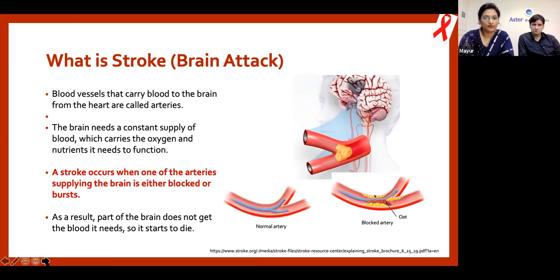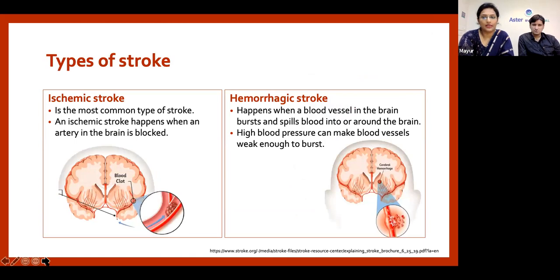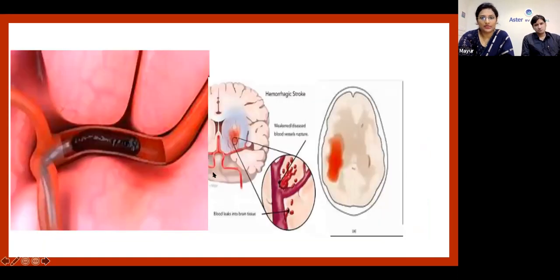Now, the types of stroke. There are two common types of stroke: ischemic stroke and hemorrhagic stroke. When we say ischemic stroke, it means that these red tubes, as we see, are a few of the blood vessels in our brain.